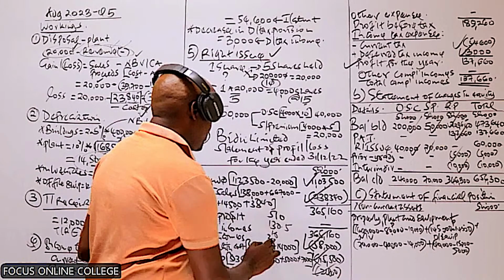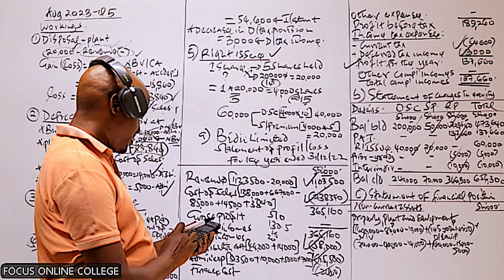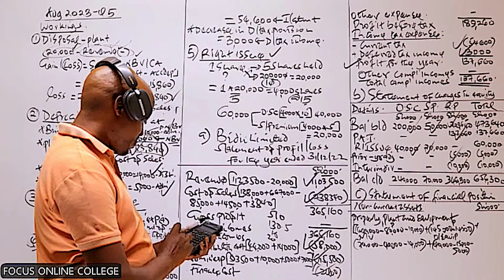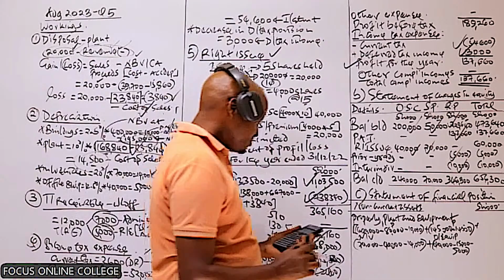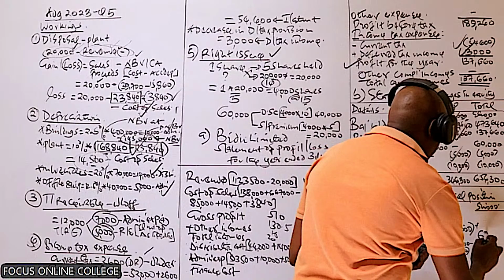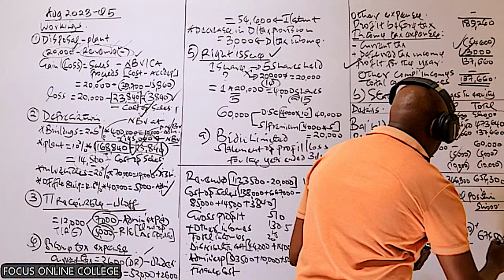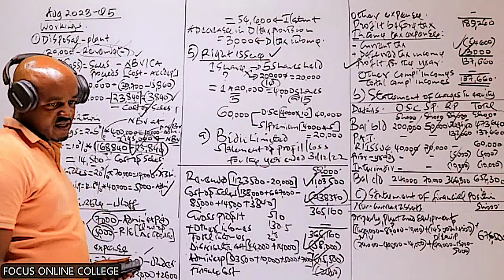So we add all these net book values: 510 plus 130.5 plus 16 plus 20. And this is the final figure I'm getting, 676,500.